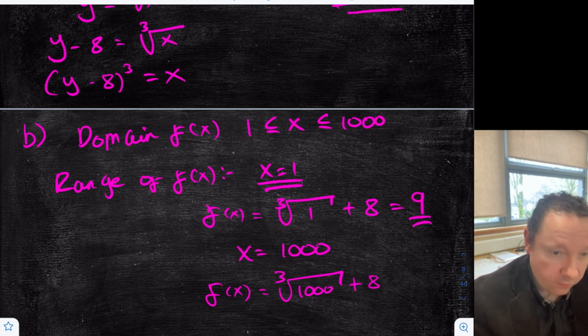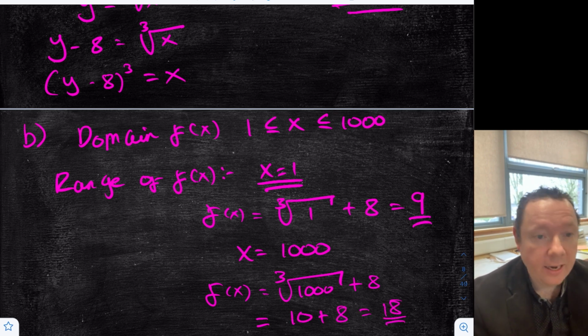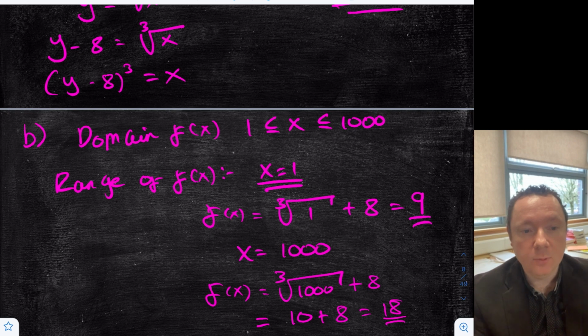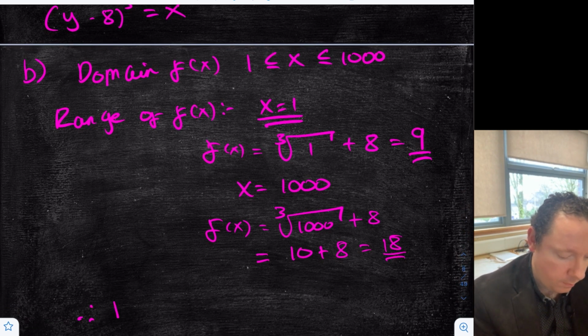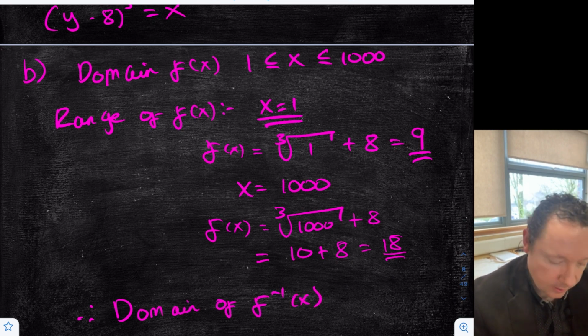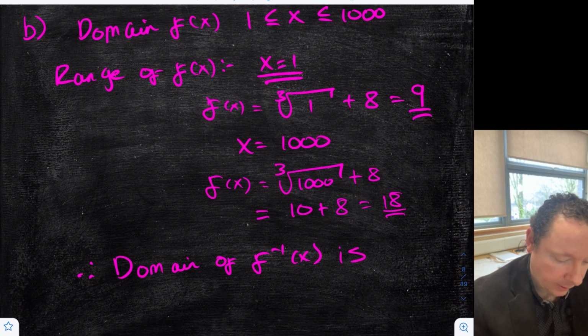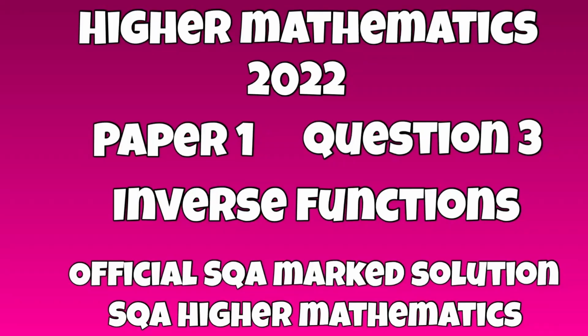The cube root of 1000 is 10, so it's 10 plus 8, which is 18. So our range for f of x is between 9 and 18, and therefore straight away we can just say the domain of the inverse function is between 9 and 18. 9 is less than or equal to x is less than or equal to 18, and we're done there.